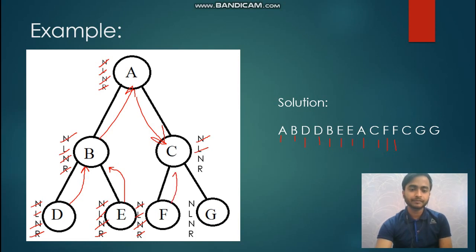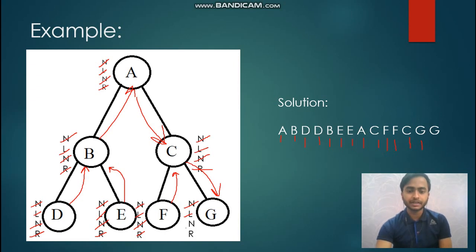Trace back to C. We see 2 steps are remaining. We go to the third one and print C. C is printed. Next step is R. We go to G, that is traversing the right subtree. Apply the algorithm here again from step 1. First step is N, print G. Second step is L, no left subtree, so ignore it.